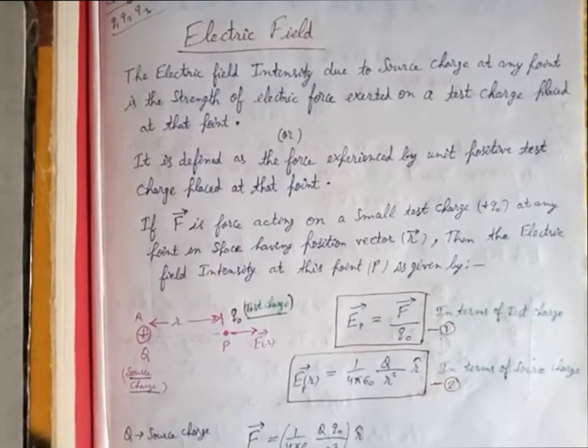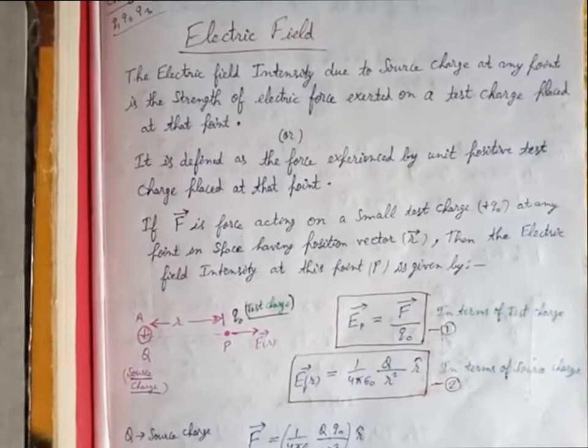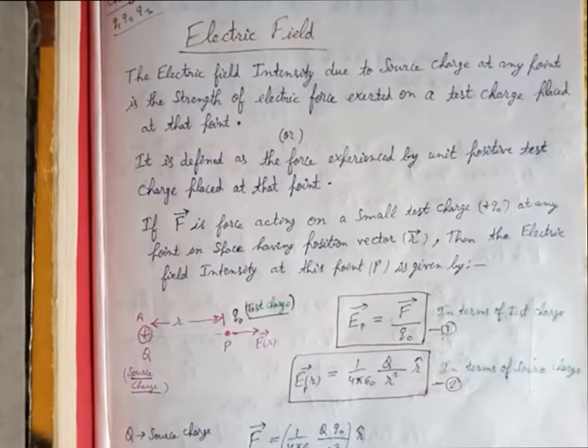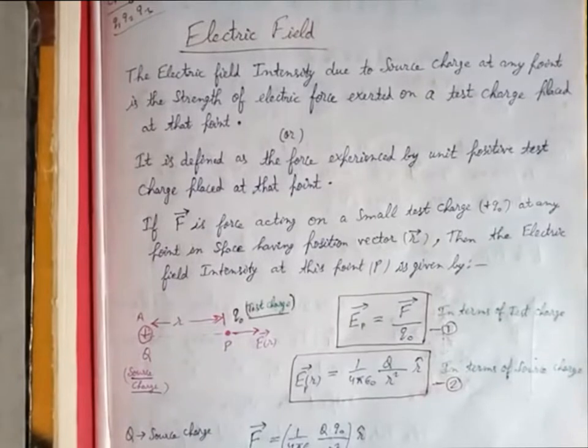In the same way, here, if there is a source charge which is present in the space, then it exerts an electric field around it. And these forces, like electric force or the electrostatic force and gravitational force, are the field forces, because you have already studied in your previous classes that there are two types of forces.